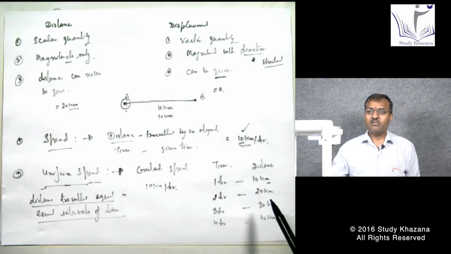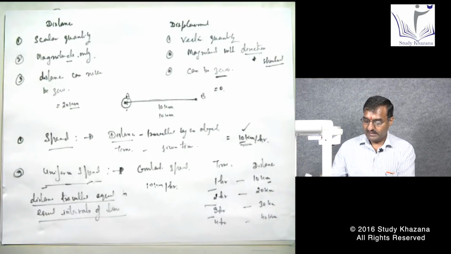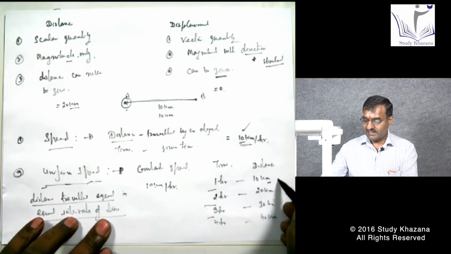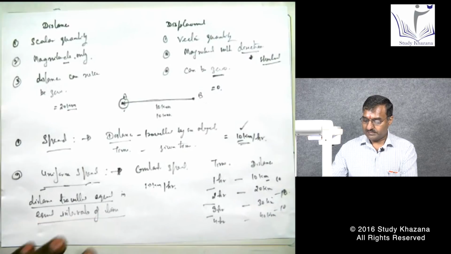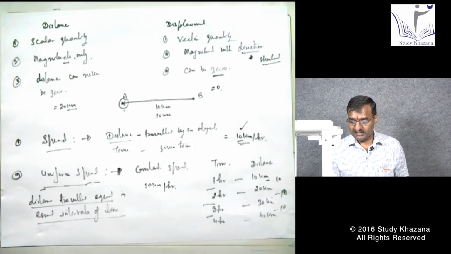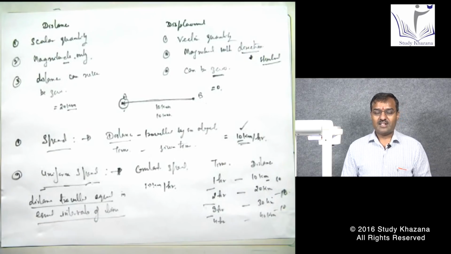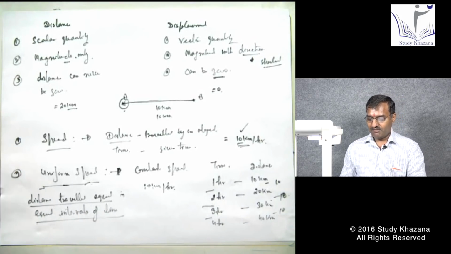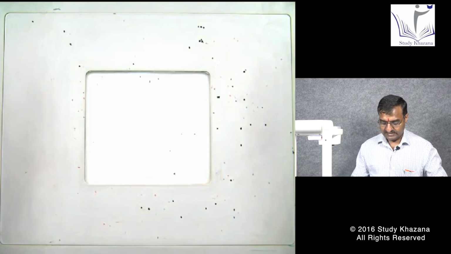As you see from this example, there is equal time, 1 hour, and the distance again is 10, 10, 10, 10. So it is the uniform speed. In uniform speed the distance traveled is equal in equal intervals of time. And if we draw the graph of a uniform speed, you can see it will come like a straight line.